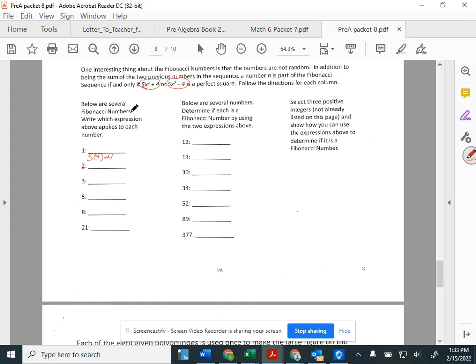So that would be 20 plus 4 is 24. That is not a perfect square. So 5 times that 4 minus 4 gives us 16. That is a perfect square. Okay, we'll go over this later.